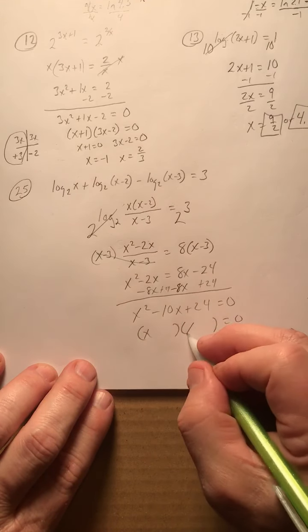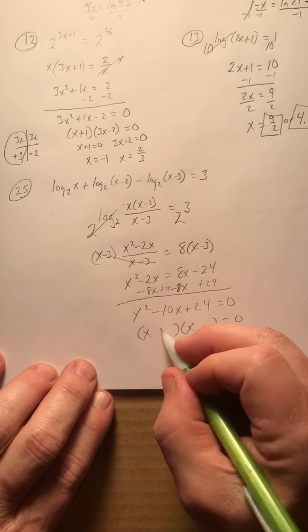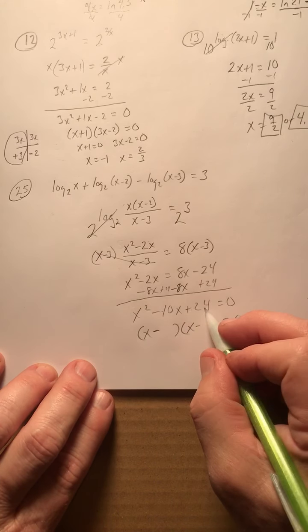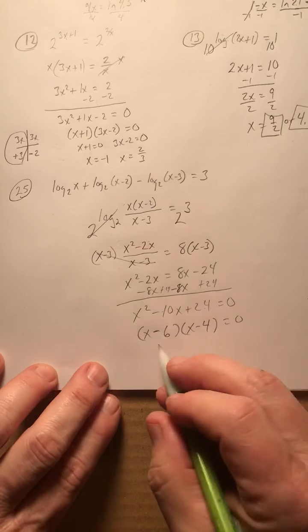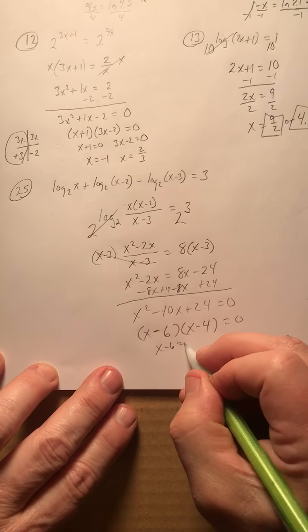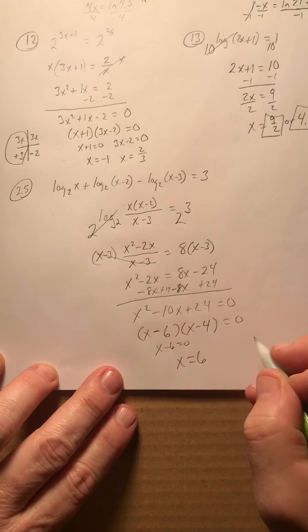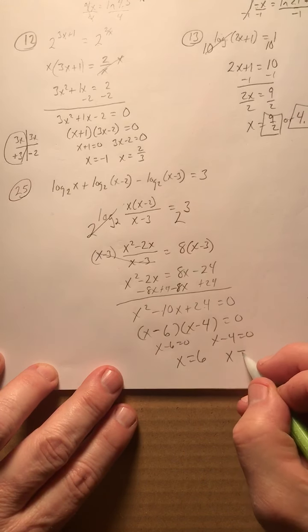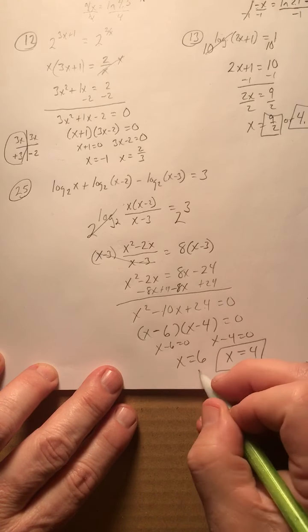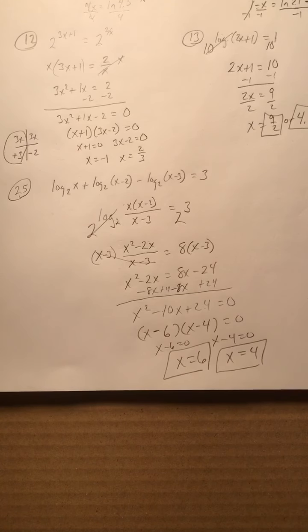X is in the front. Signs are the same, they're both negative. Factors of 24 that add up to 10 would be 6 and 4. Then I set x minus 6 equal to 0, and we get x equals 6. Take x minus 4, set that equal to 0, and we get x equals 4. So we get two answers, x equals 6 and x equals 4. And those were the problems that you asked about.